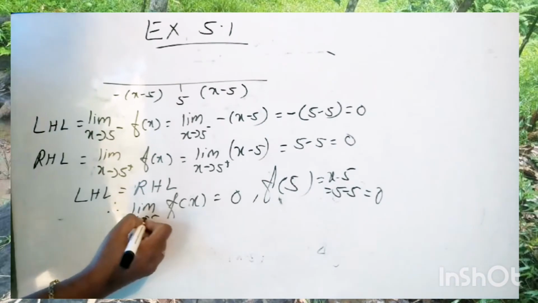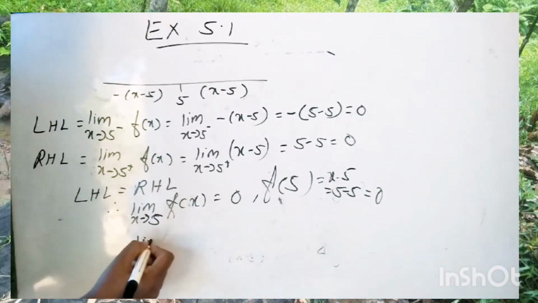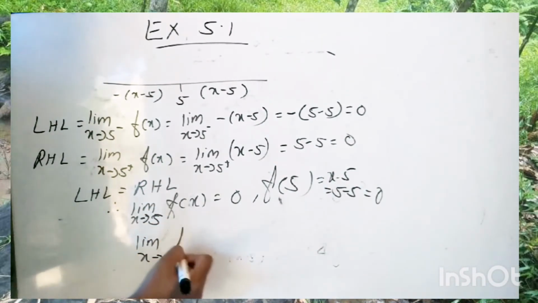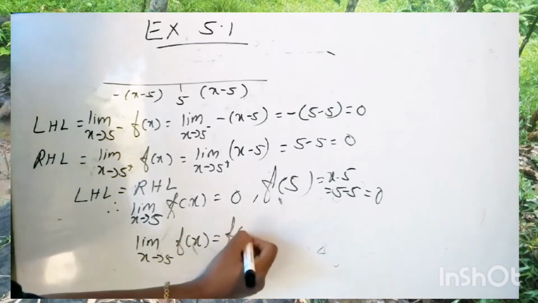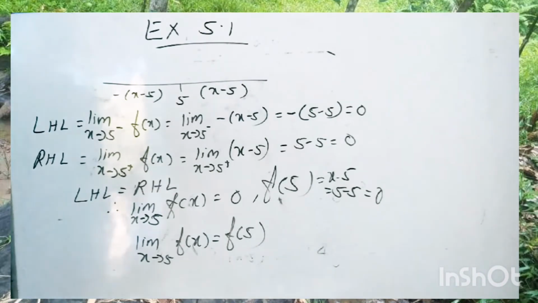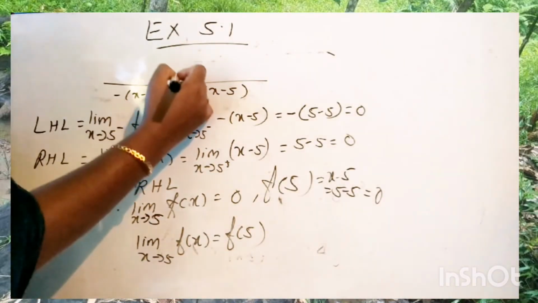Therefore, what we got is limit x tends to 5 of f of x is equal to f of 5. Therefore, the function is continuous at x is equal to 5.